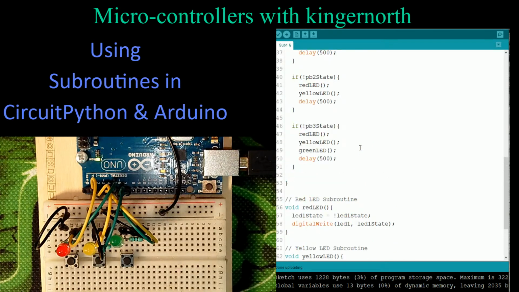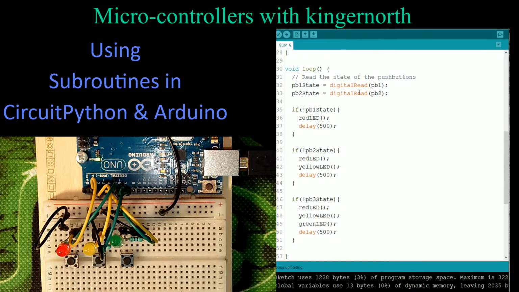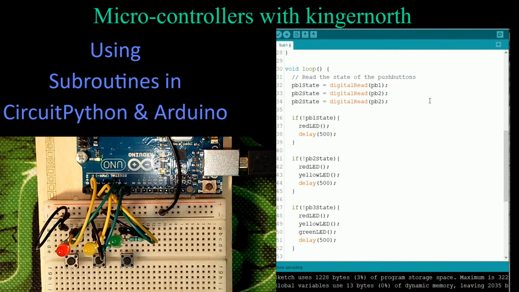And way up here at the beginning of this loop, I need to read the third push button. So let's copy that, paste, and let's make sure that's set up for number 3.